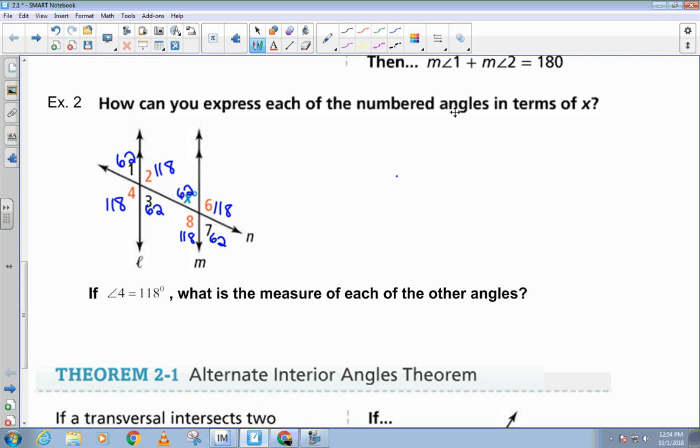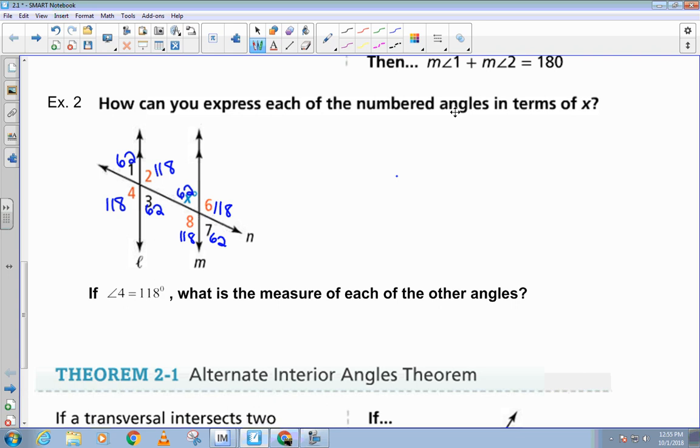What can we say about our alternate exterior angles? What relationship do they have? They're congruent, aren't they? Isn't 4 and 6 alternate exterior? And they're congruent, as is 1 and 7. What about alternate interior, like 2 and 8?